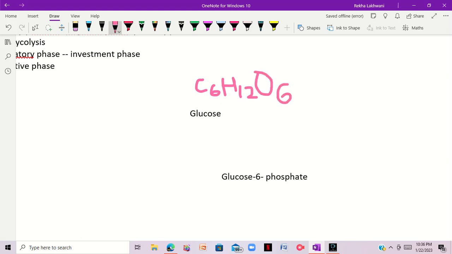This is the formula of glucose, right? This glucose is converted into glucose 6 phosphate.